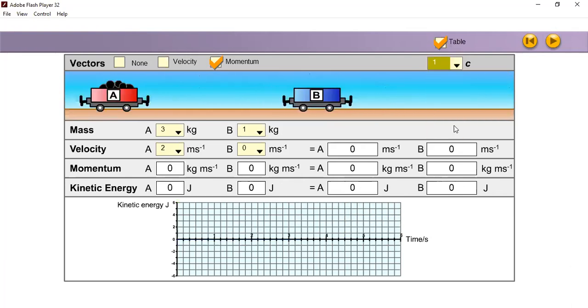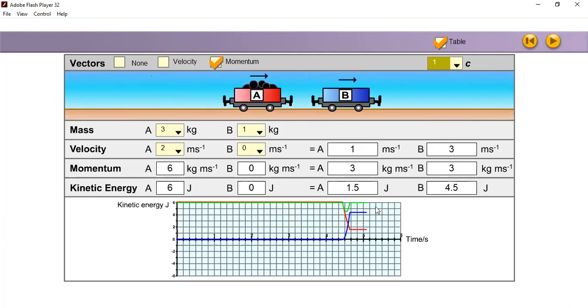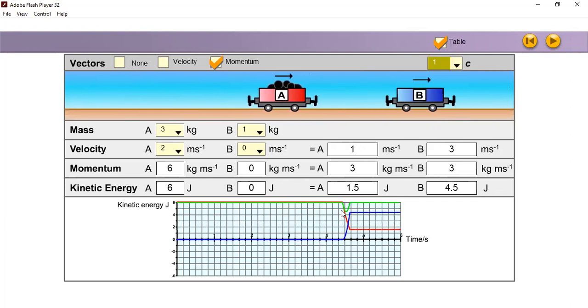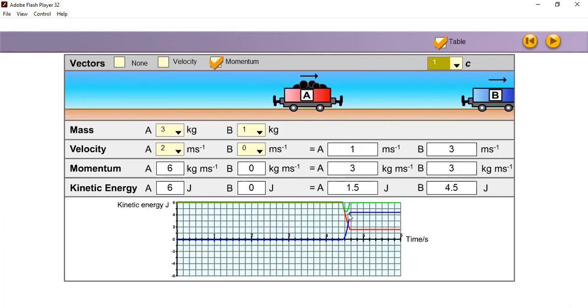Just if the coefficient of restitution is equal to 1, before collision and after collision are equal. So you notice that they will be slightly changed, right?